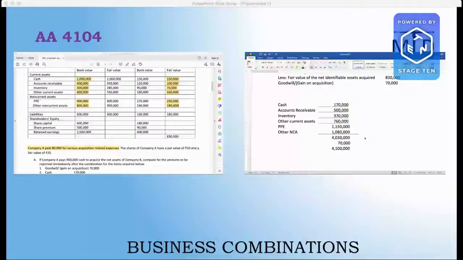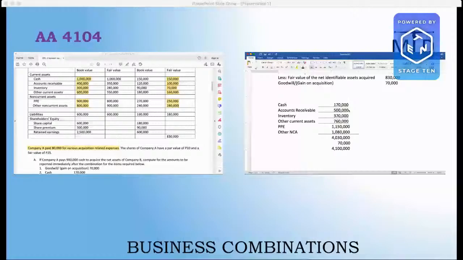Let's just have number four also, class. The two things to remember for your cash, which are the consideration, the payment for the transaction, the consideration paid, and acquisition related costs. Related costs are to be recognized as an expense, and they are normally paid already. They should be considered in computing for your combined cash.